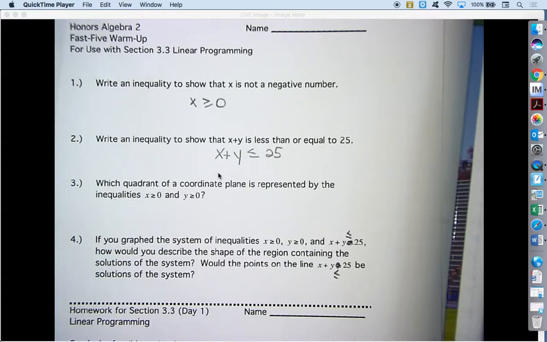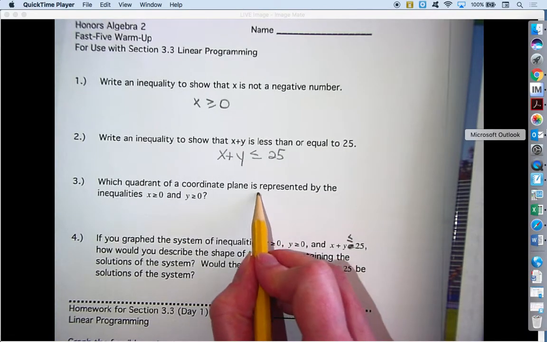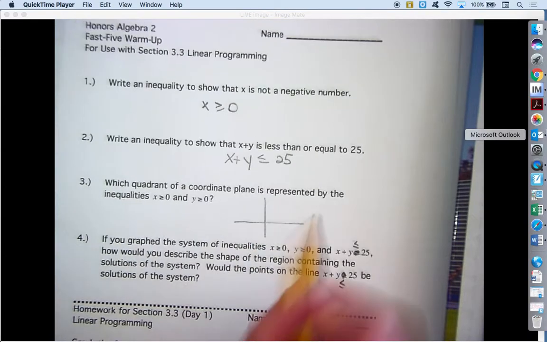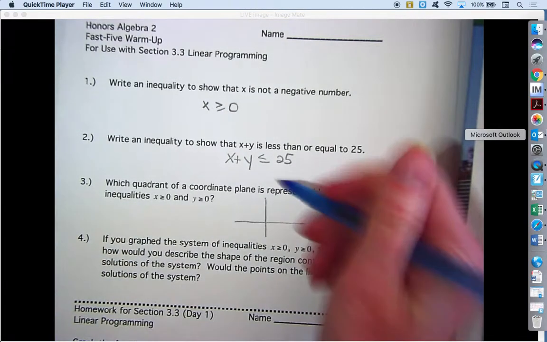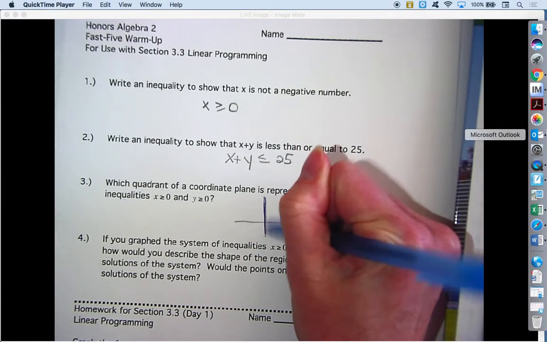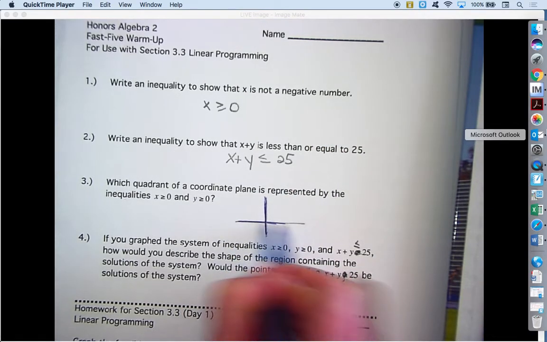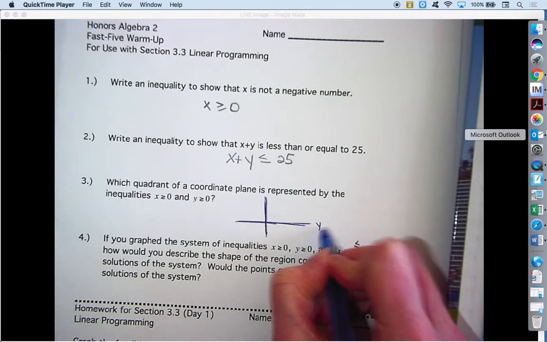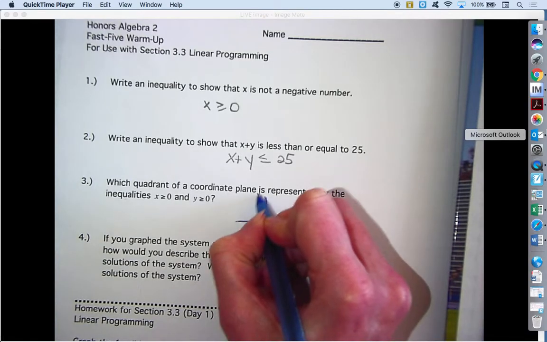Number 3, which quadrant of the coordinate plane, so that's that xy axis, it's called a coordinate plane, is represented by the inequalities x is greater than or equal to 0 and y is greater than or equal to 0. So if you think about having an actual graph, here's my y equals 0, and here's my x equals 0.